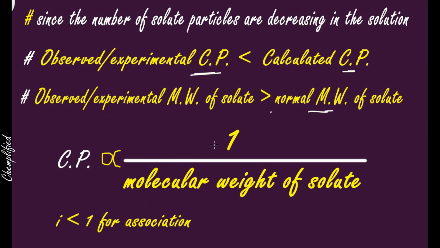Remember this, and also remember this is just the same as the previous one. Colligative property is inversely proportional to the molecular weight of solute, and for association the value of i is less than 1. These are just the statements that you have to remember. Now comes our main part, that is the calculation of i for association.